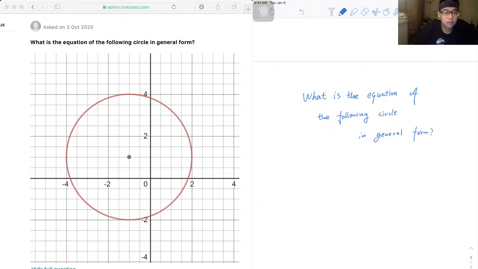Alright, so first let's recall what a general form is in order to find out what factors we need.